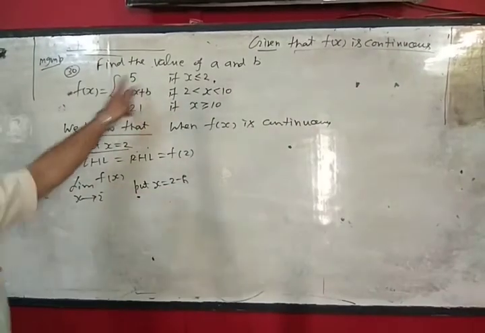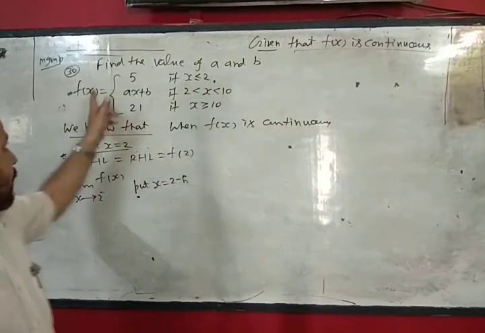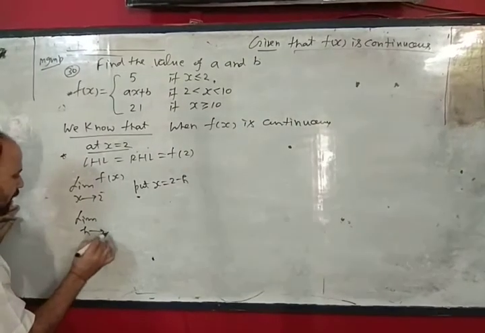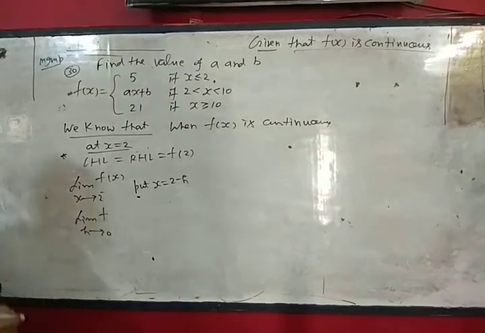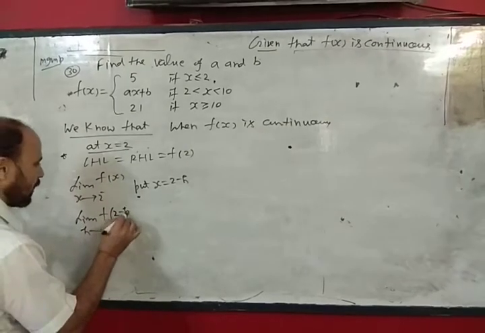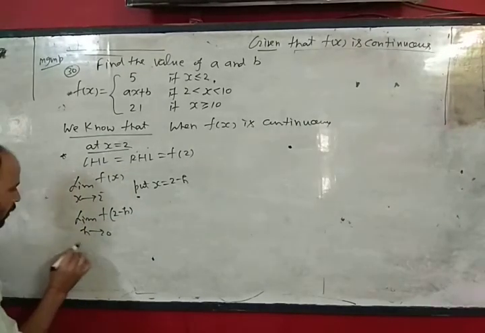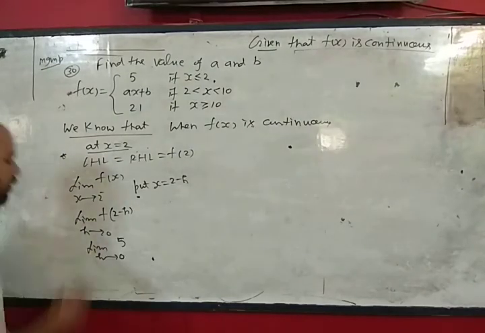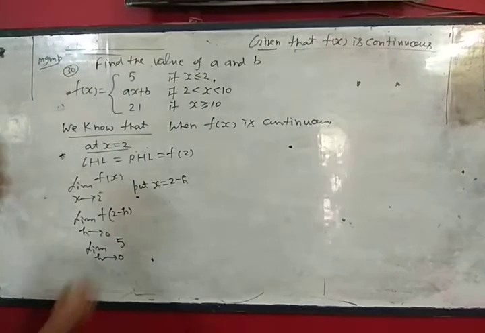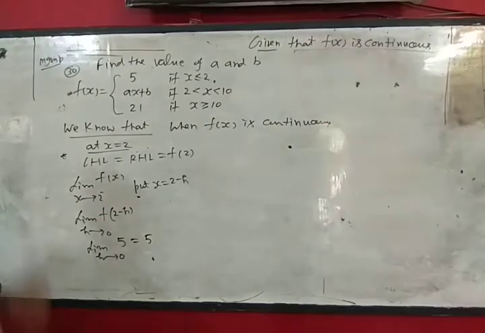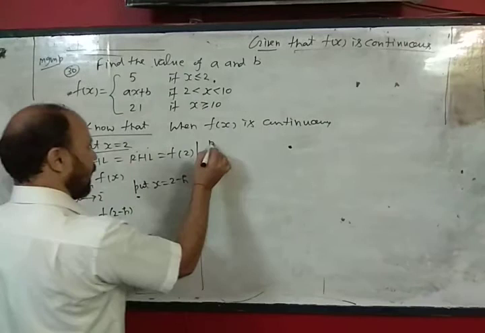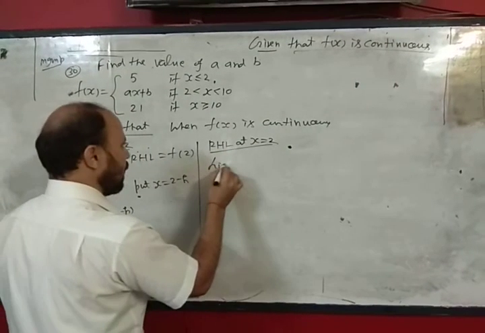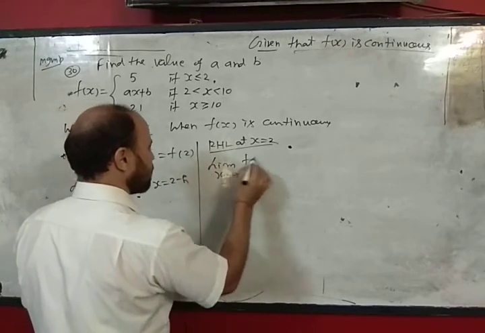The function is given: when x is less than or equal to 2, then f(x) is equal to 5. Limit h tends to 0, f(2 minus h). The function is given as 5, so LHL is equal to 5. RHL at x is equal to 2: limit x tends to 2 plus f(x).